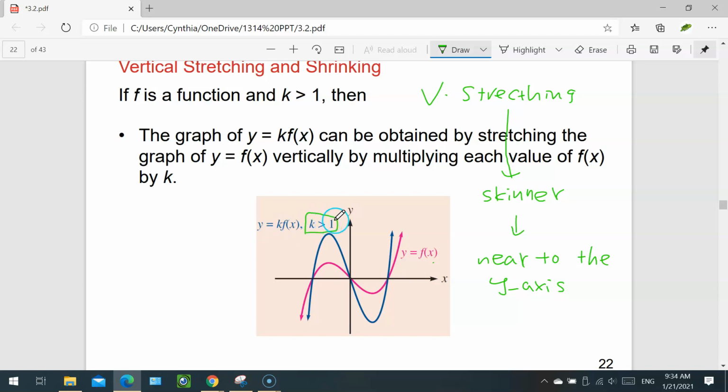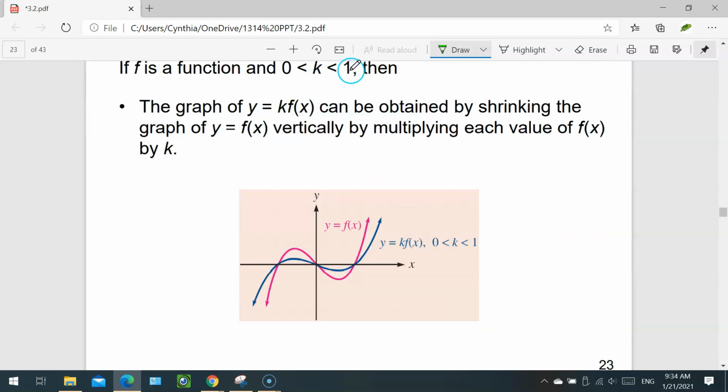If k is less than 1, then that will be another case. When k is between 1 and 0, so this number is less than 1 and greater than 0, but it is a positive number, keep in mind.